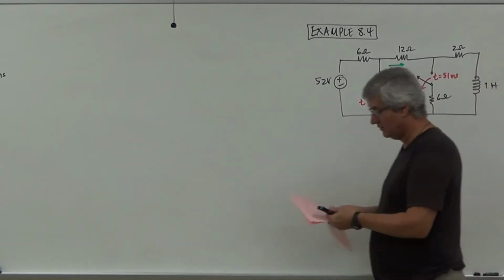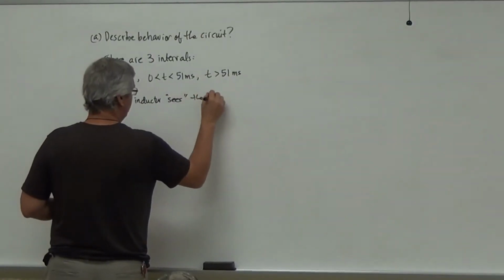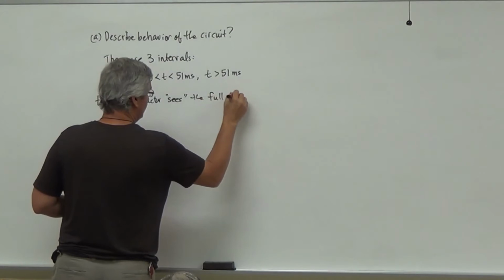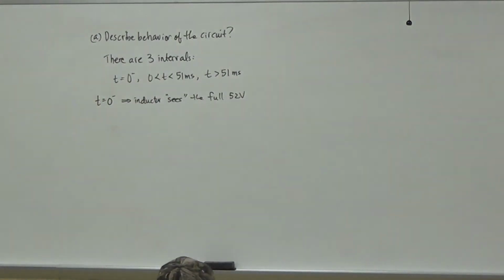So what we're seeing here is that at t equal to 0 minus, the inductor sees the full 52 volts. There's only one source, but at t equal to 0 plus, this thing is now gone, so there's no source in the circuit.